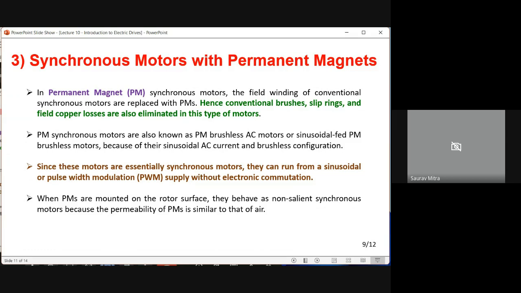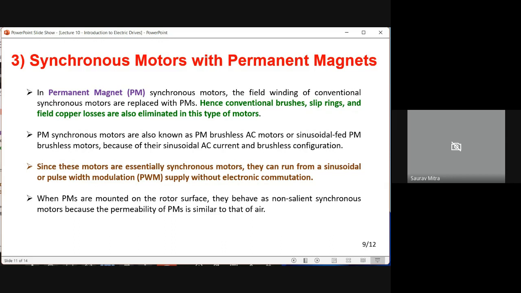The permanent magnet synchronous motor is called PMSM, so remember all these short terms. A synchronous motor always runs at synchronous speed. If Ns is equal to 120 F by P, your induction motor never runs at synchronous speed. If synchronous speed is, say, 1000 rpm, the induction motor will run at maybe 950 rpm.